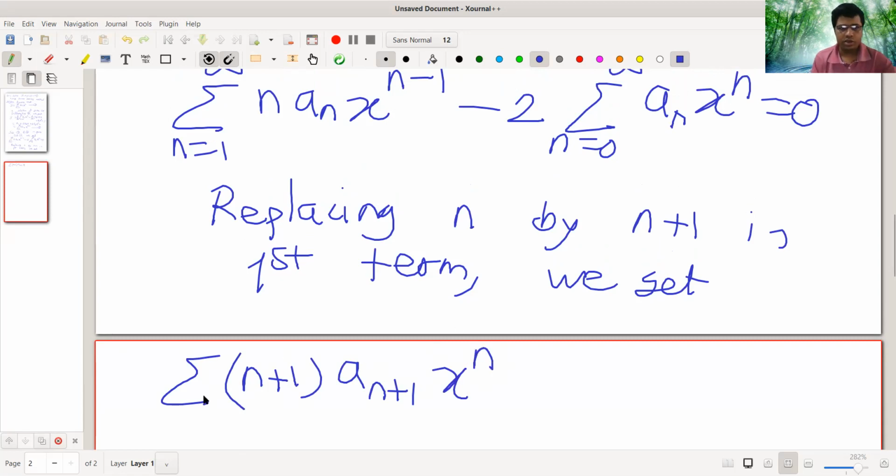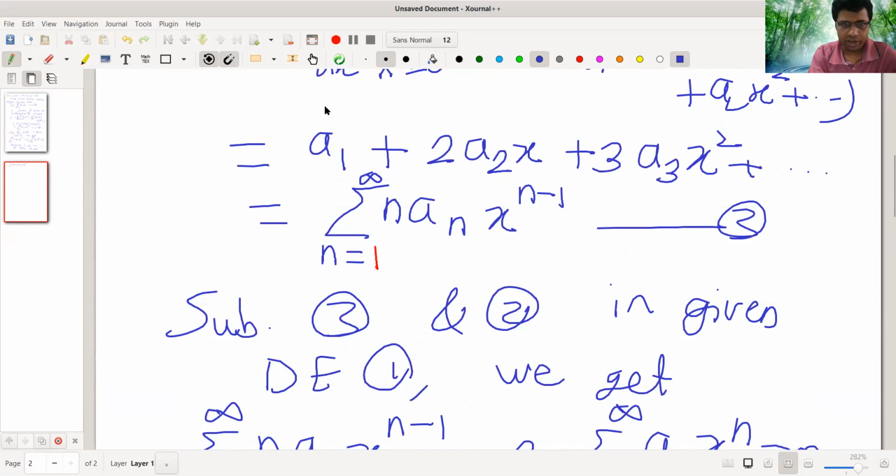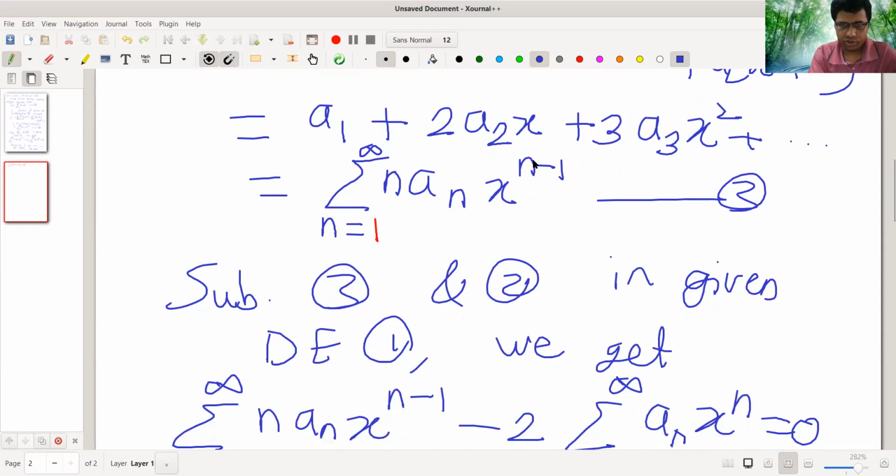Okay, now here the first term is x raised to n minus 1, so for n equal to 1 it is x raised to 0. So the first term is a1, the second term is 2a2x plus and so on.